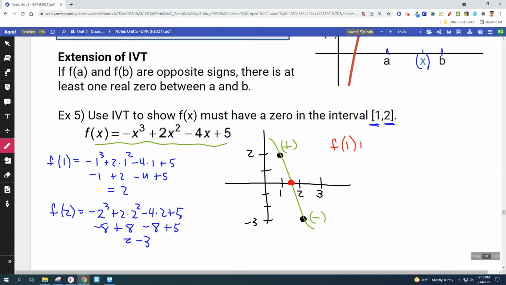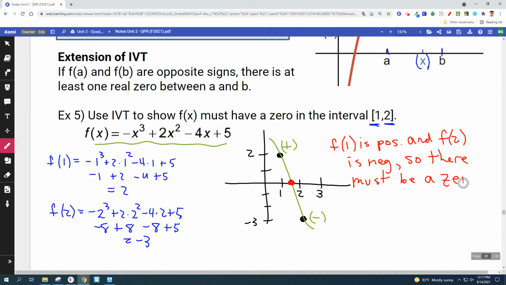F of 1 is positive and f of 2 is negative. So there must be a 0 between 1 and 2.